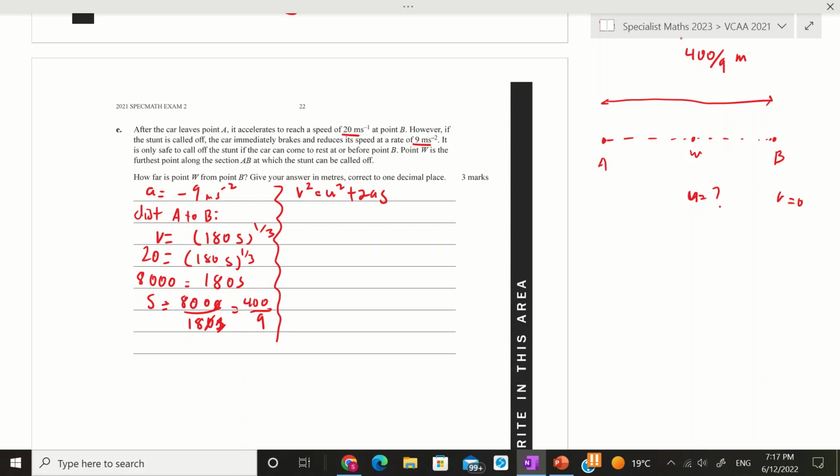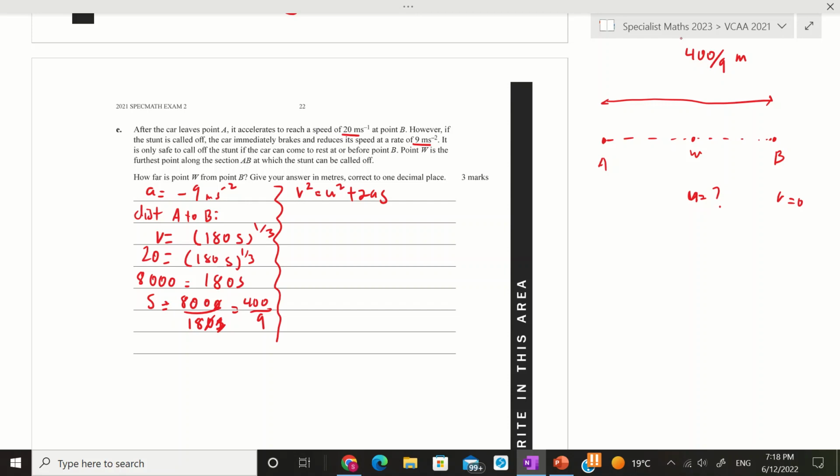So our equation previously, V is equal to 180 times S to the power 1 on 3. What if we try to use this equation here to find out what this initial velocity at W was?